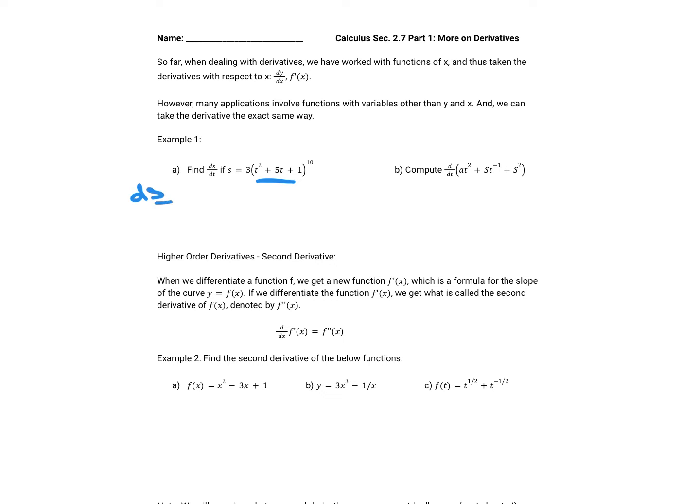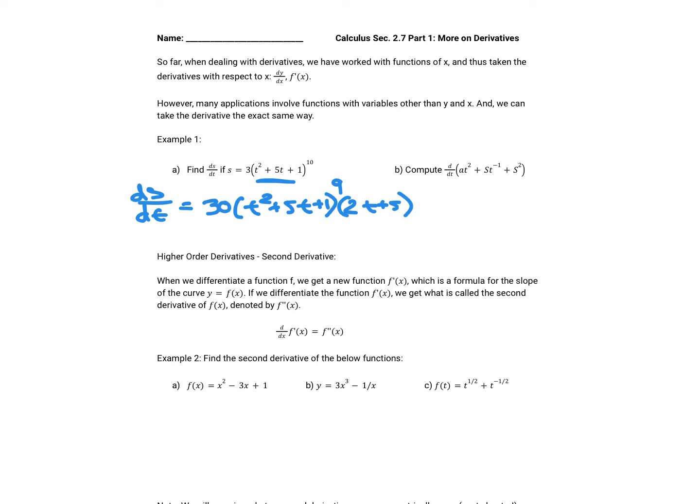So ds/dt equals, multiply that 10 by 3, those 30 times this whole inner function to the 9th power, because subtracting 1, but then we have to multiply by the derivative of the inside, so 2t plus 5. That would be your derivative with respect to t.